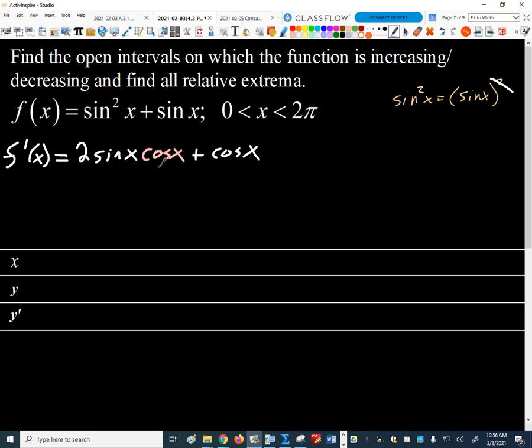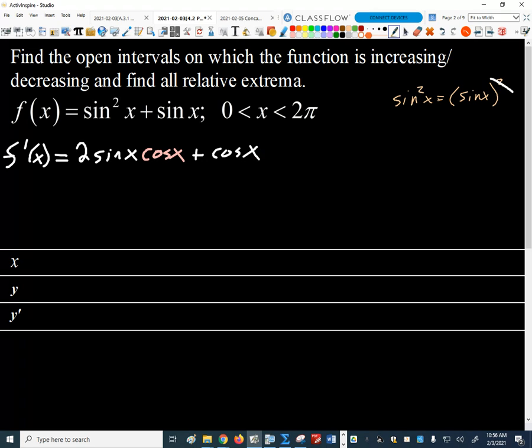Sine and cosine individually, neither of those are undefined anywhere. Sine is just a wave, a sinusoidal function that goes forever to the left and the right. Same with cosine. They're just offset a little bit, right? Really, sine and cosine are the same function, just phase shifted a little bit. So there's nothing I can't input there, nothing I can't input there, and nothing I can't input there.